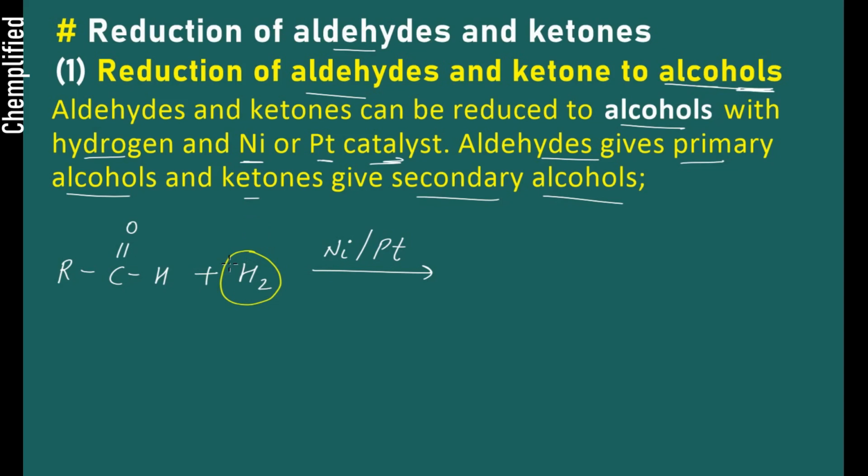So remember these two things. Now this is our case of reduction. So when an aldehyde is treated with H2 in presence of nickel and platinum catalyst, what you are going to get is primary alcohol, 1 degree alcohol.